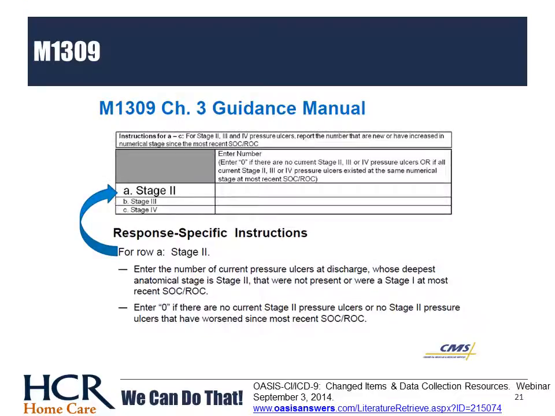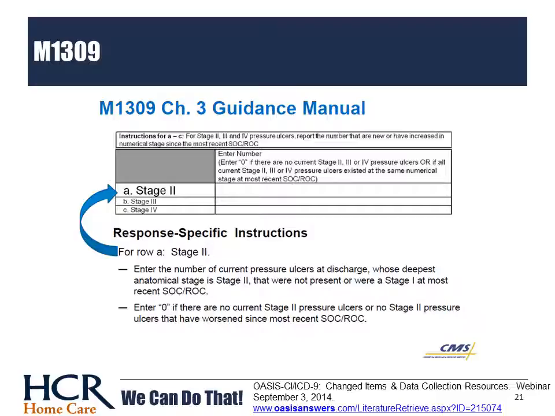Okay, so let's first look at stage 2 pressure ulcers. On the tablet in the home care home-based system, you'll be asked about each different stage of pressure ulcer. So in looking at stage 2 pressure ulcers, the question will read, for stage 2 pressure ulcers, report the number that are new or have increased in numerical stage since the most recent start of care or resumption of care.